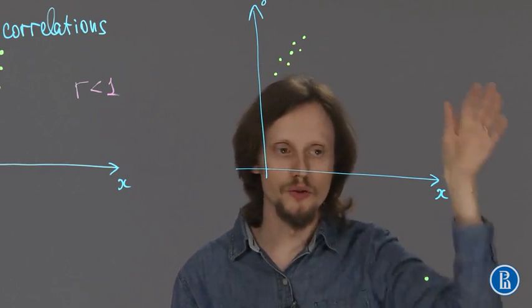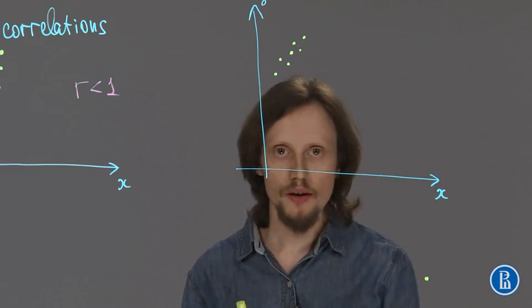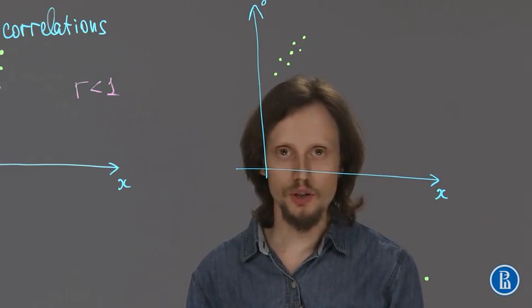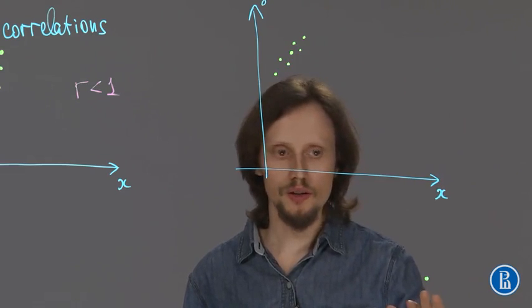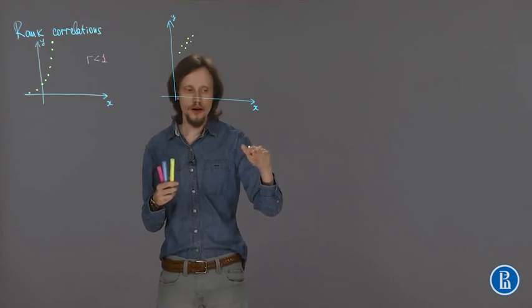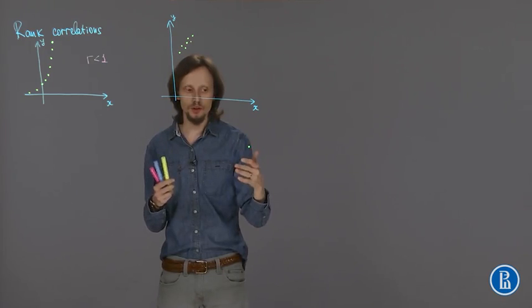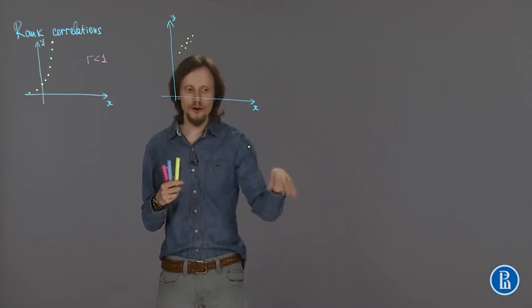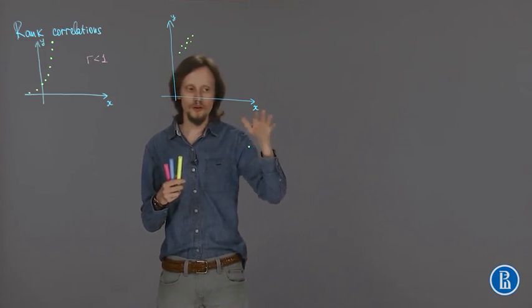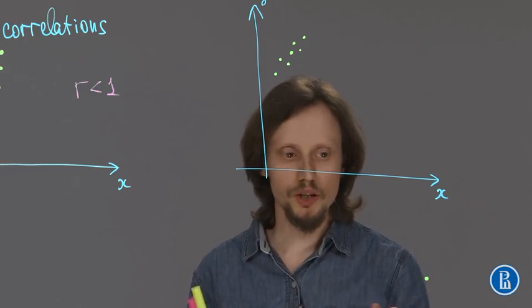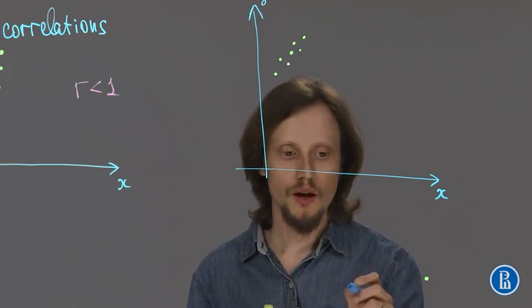But if you consider the whole data set and find Pearson's correlation coefficient, this coefficient can be low or even negative, because this point can add some negative term to the correlation coefficient that can be very large. Its point is far enough to the right and to the bottom. This point, in fact, can be just an error of measurement.